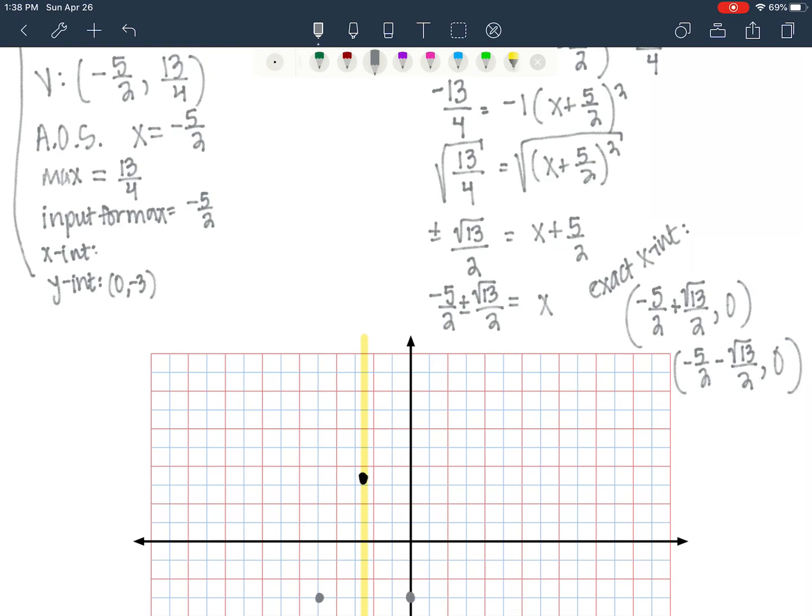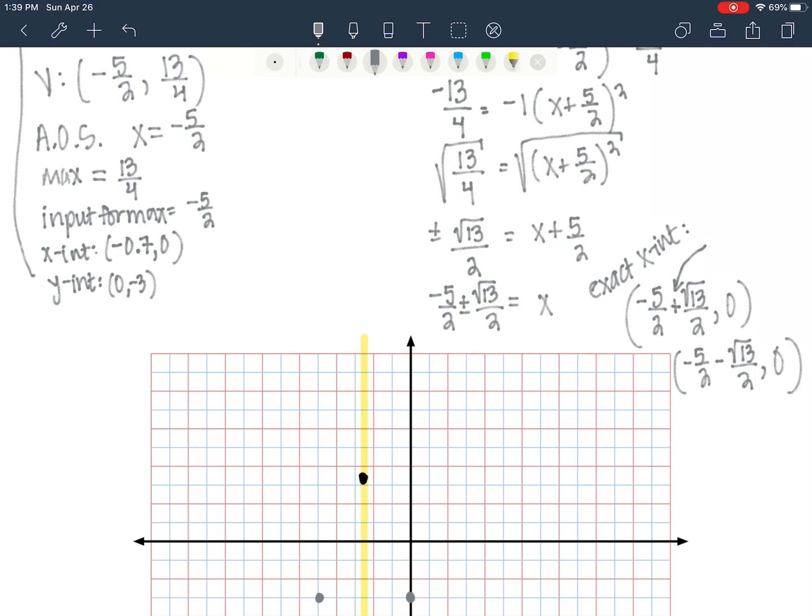I could do this with a little bit of work, which I have done, but I'm going to put this into my calculator right now. And I get negative 0.7. So negative 0.7-ish, comma 0. That's when I add. So that's this one right here.